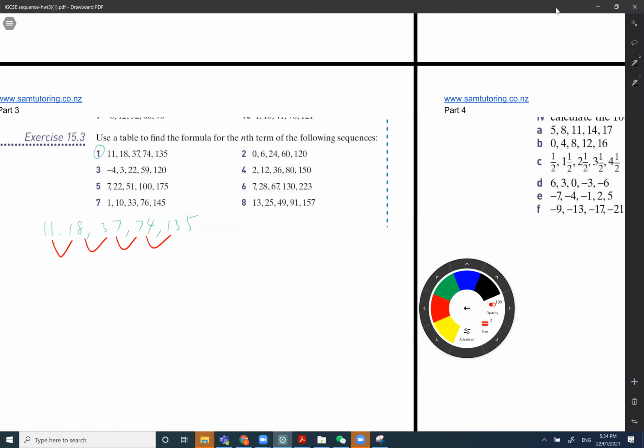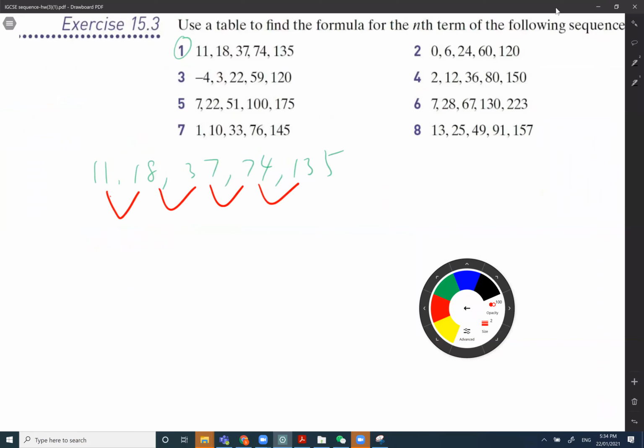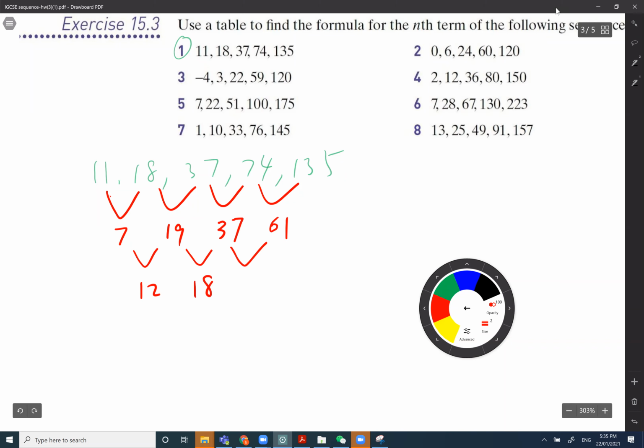Brandon, the difference is 7, and then it's 19, excellent, and then 37, then 61. Then the next differences are 12, 18, 24.